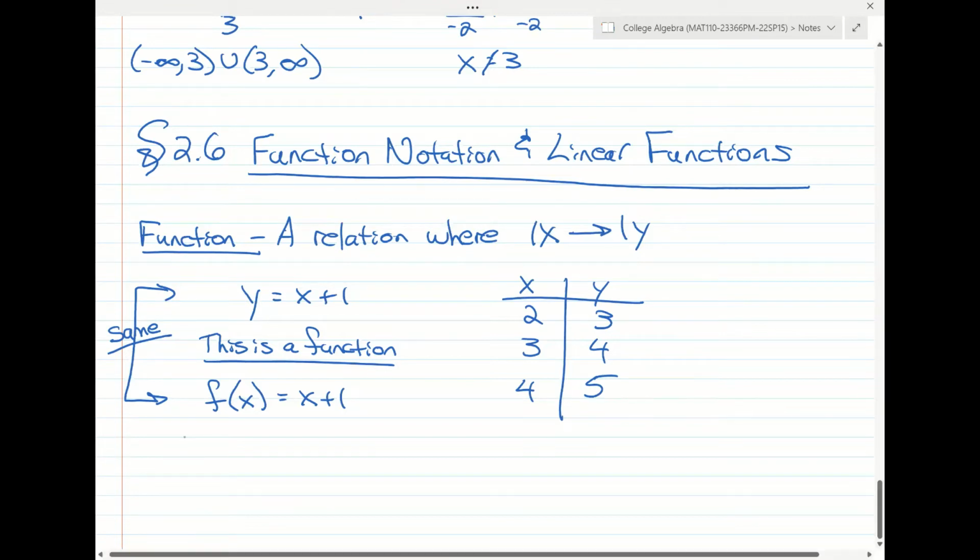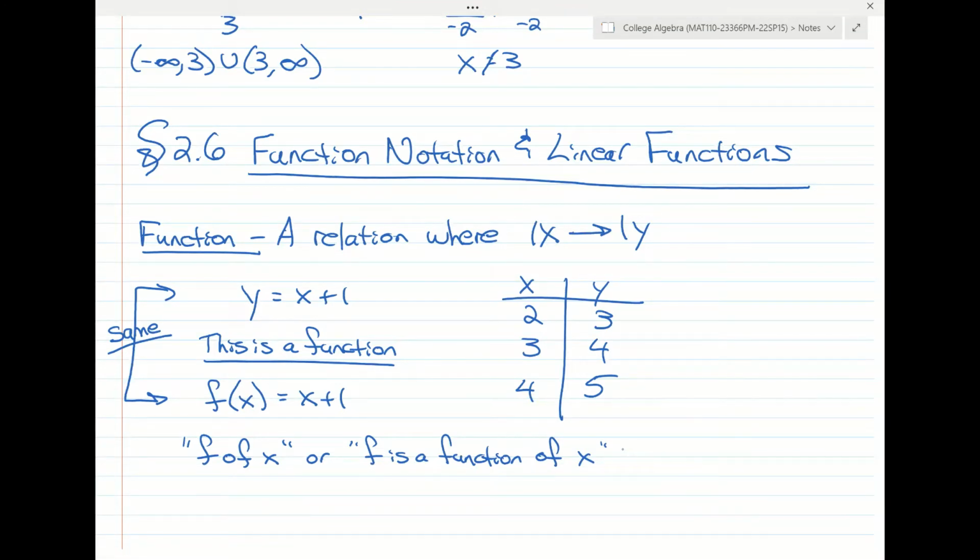We read this f of x, or f is a function of x. We don't say x times x, we don't say x parentheses x. That's not how you read it.